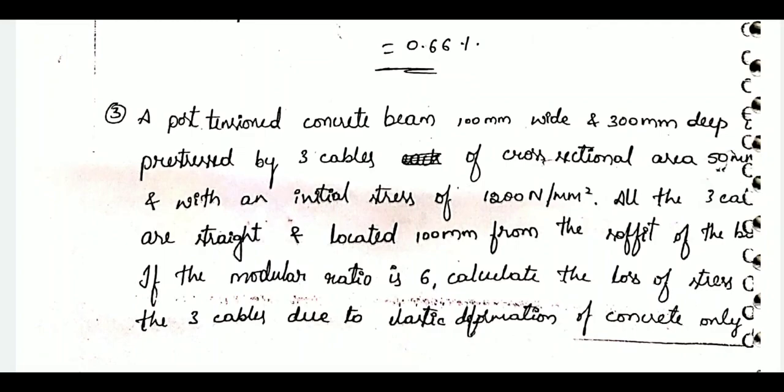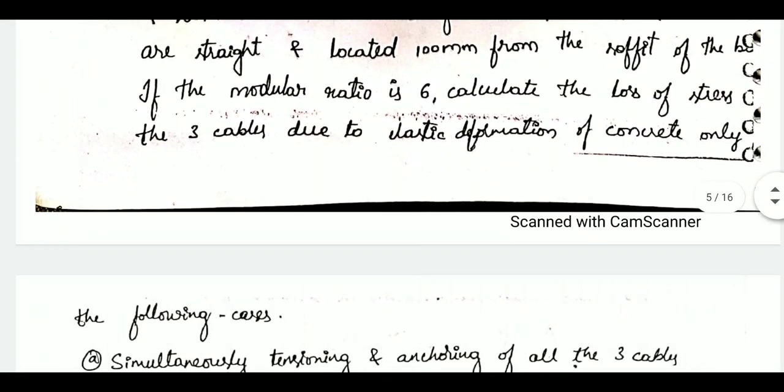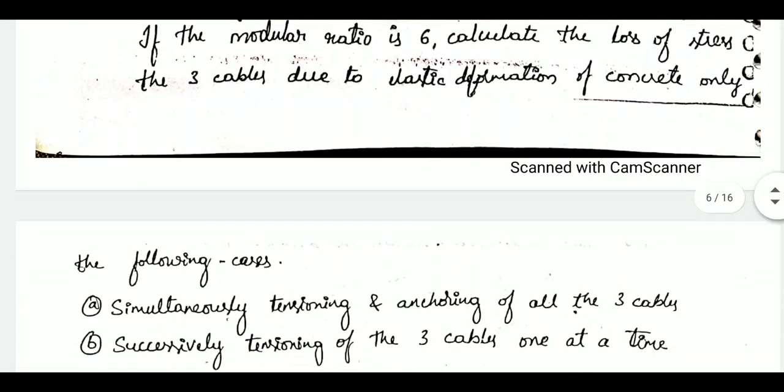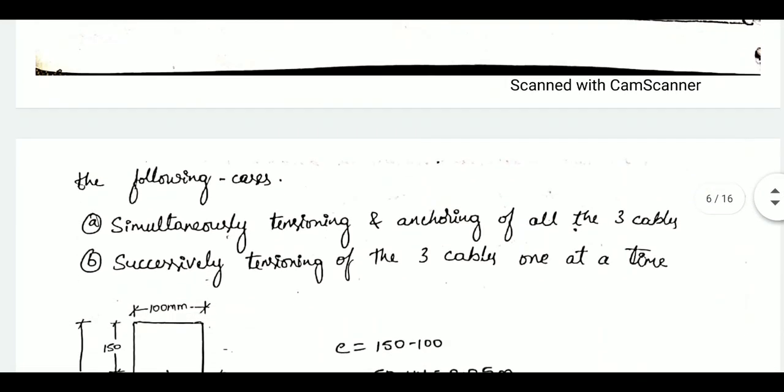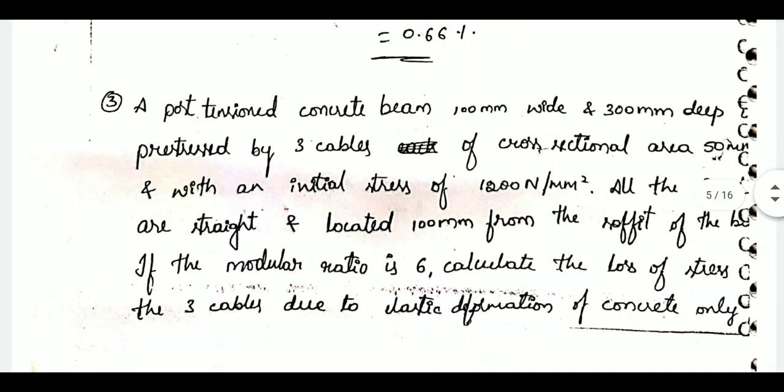If the modular ratio is 6, calculate the loss of stress in the 3 cables due to elastic deformation of concrete only, for the following cases: first, simultaneous tensioning and anchoring of all the 3 cables; second, successive tensioning of the 3 cables one at a time. And remember, this problem is very important, you should understand it clearly.